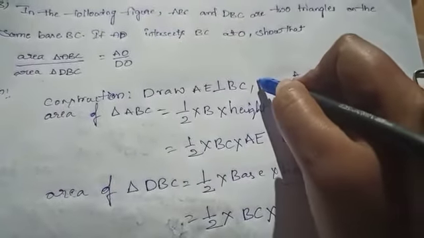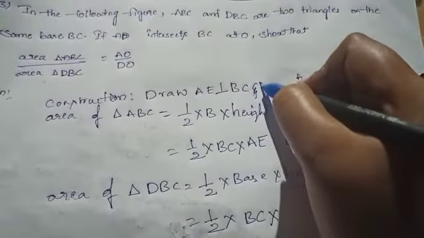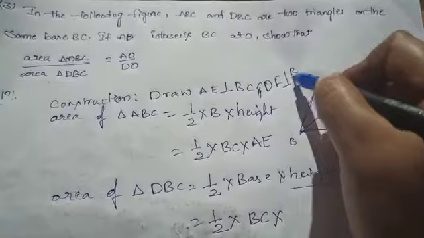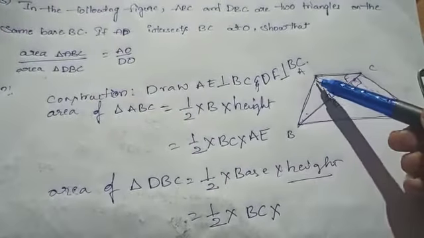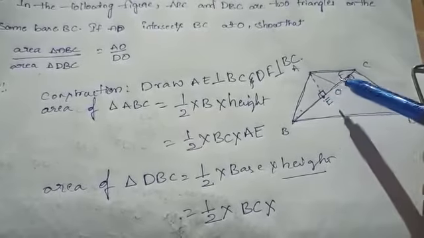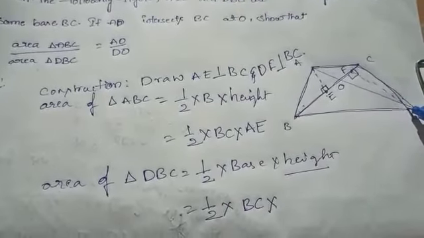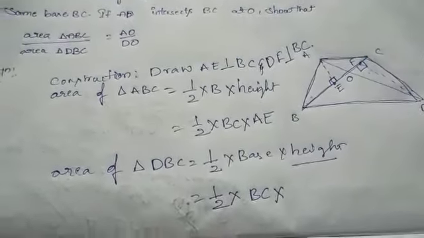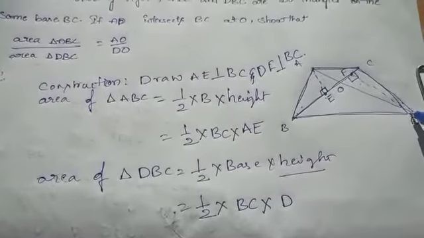Construction: draw DF perpendicular to BC. Here the construction is drawing one perpendicular on BC. DF is one perpendicular on BC. Here height is DF.